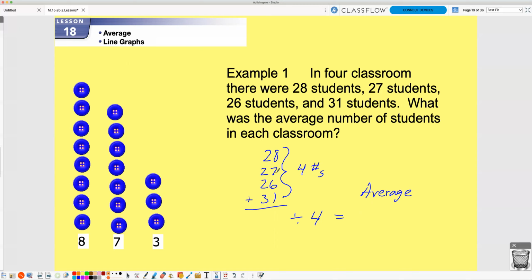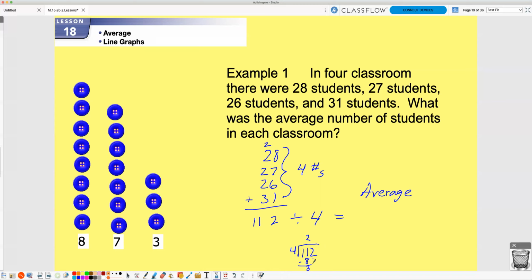So 8 plus 7 is 15, plus 6 makes 21, plus 2 makes 22. 2, 4, 6, 8 plus 3 makes 11. I need to do 112 divided by 4, which is the same as 2, which gets me to 8.